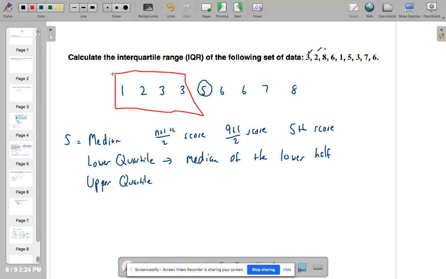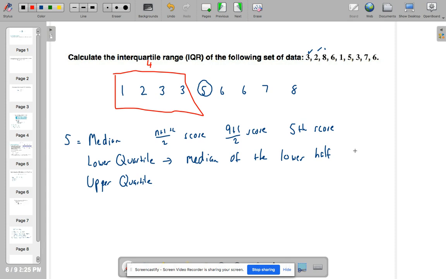There it is there, okay? It's the median of the lower half. There are 4 things in the lower half. Okay, so if I apply my formula again, and I'm pretending that this is now my data that I'm focusing on, all right? Don't worry about the rest of it. I'm working out the median of the lower half.